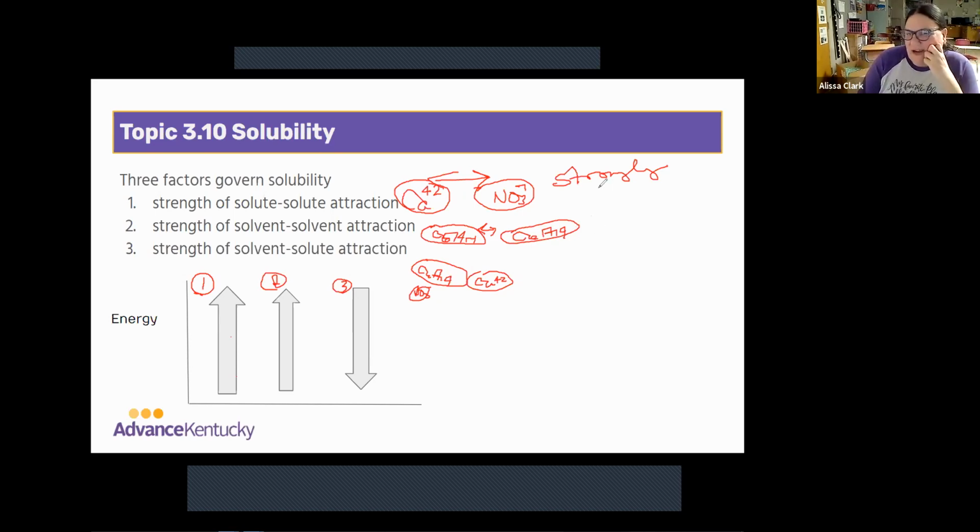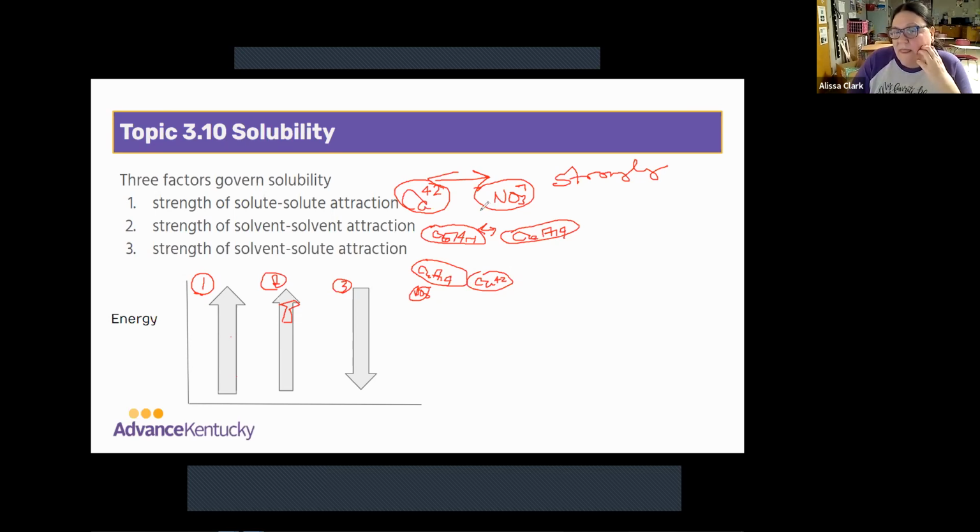That's not going to be as strong as ionic bonding. So this might be a large arrow, and this might be a small arrow. And what kind of attraction would we have between an ion and a nonpolar molecule? Well, that's going to be an ion-induced dipole force. That's not going to be a terribly strong force compared to an ionic bond.